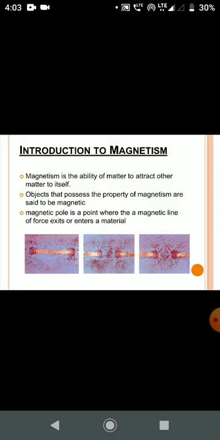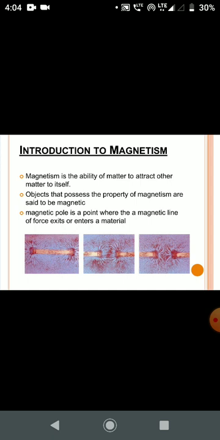To understand the concept of magnetization, first we should know about magnetic lines and magnetism.